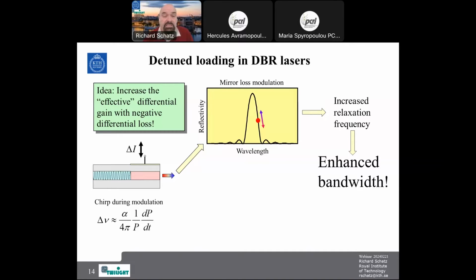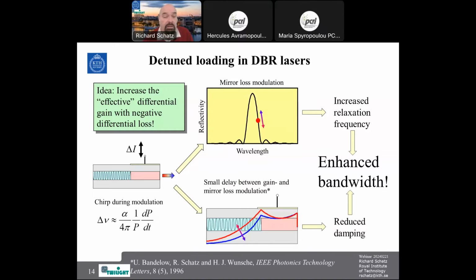So in addition, there is another more subtle change. There will be a small time delay between when you change the carrier density here and when the reflectivity changes. It's very, very small, in the order of picoseconds, or even fractions of a picosecond, but it will also reduce the damping. And that can also be beneficial since you get a more peaky resonance frequency.